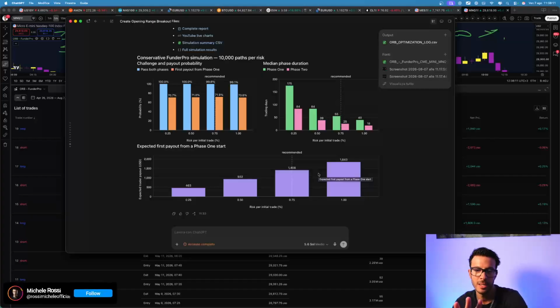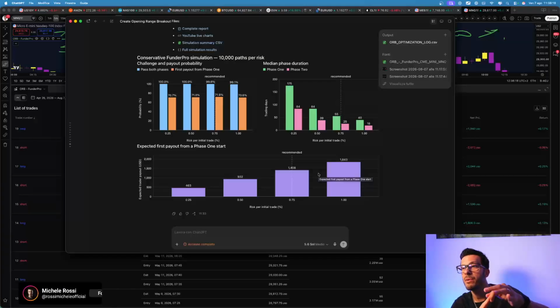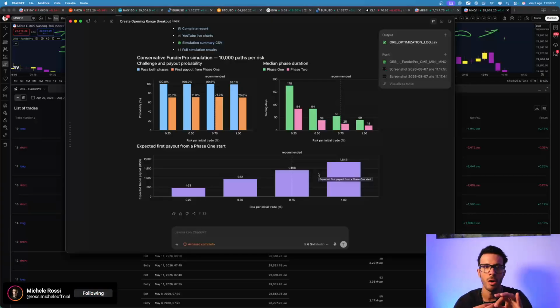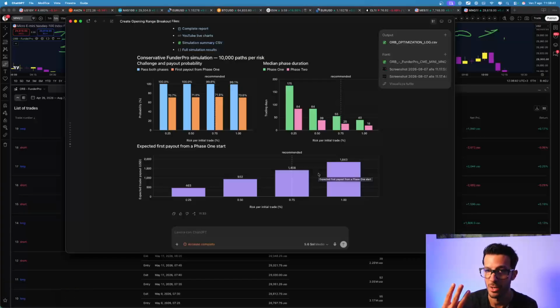Maybe I found this strategy, I can find another strategy, another variation. Let's say this I'm running, I don't even remember, on NASDAQ in the afternoon. I can run the same strategy on the DAX in the morning. I can then find a different strategy, or again, the same strategy running on gold in the afternoon, and then another one running on the S&P 500 in the morning.